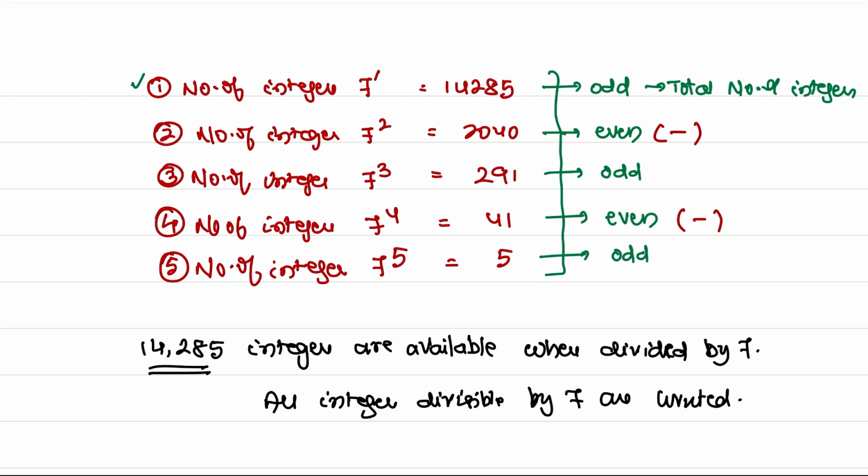That means whatever is divisible by 7 square, when k is equal to even, that number of integers has to be removed, 2040 integers. When it is divided by 7 to the power of 4, that is also even, those 41 integers have to be removed. When the number of integers divided by 7 to the power of 3 and 7 to the power of 5 are there, we will add them.